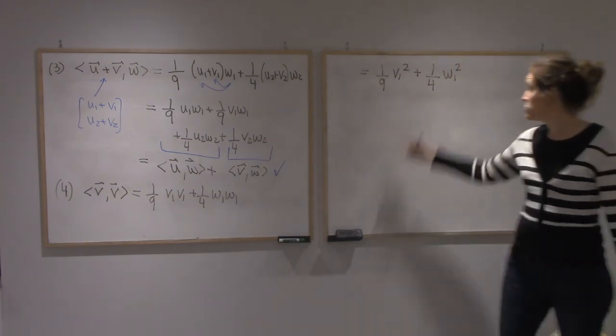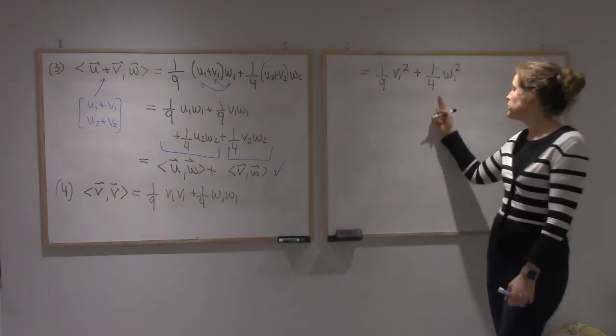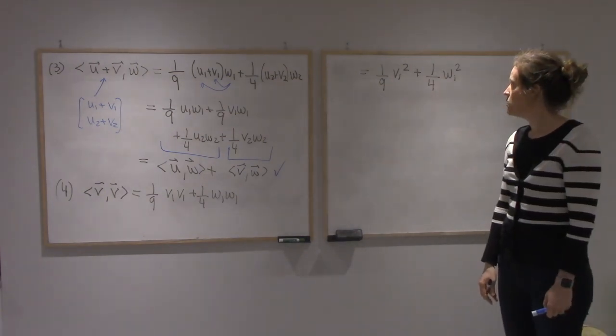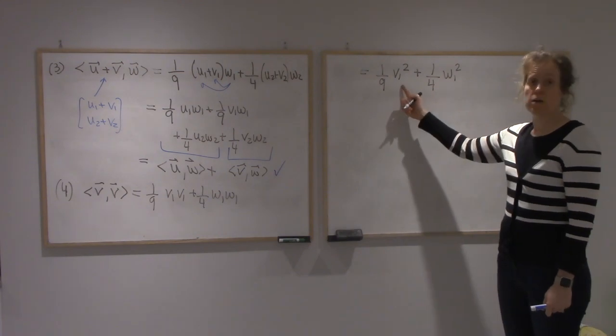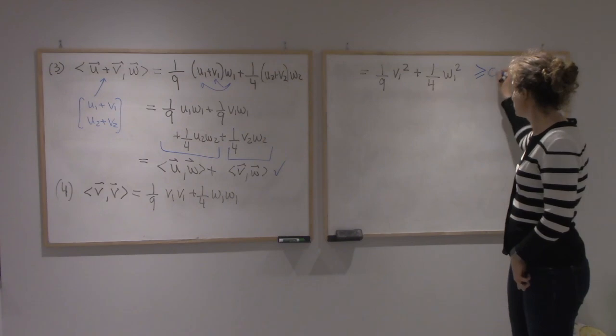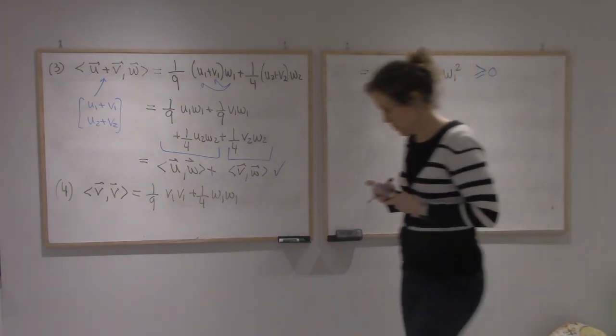And so I get 1/9 V1 squared plus 1/4 V2 squared. Each of these is nonnegative, so this is definitely greater than or equal to 0.